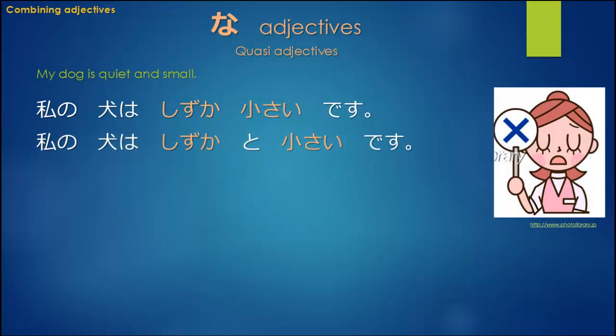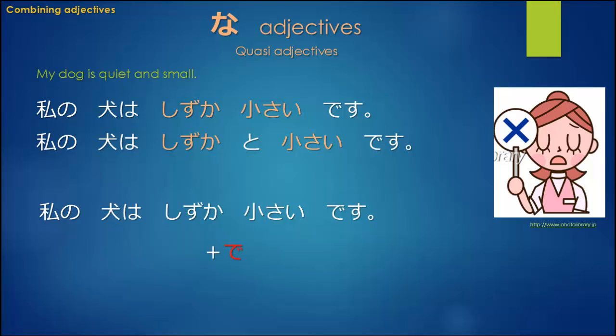It's also not acceptable to say shizuka to chisai desu. Okay? For quasi-adjectives, we add a de. So for example, this sentence here, my dog is quiet and small, would be 私の犬は静かで小さいです.